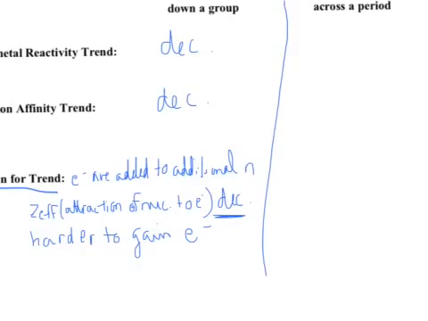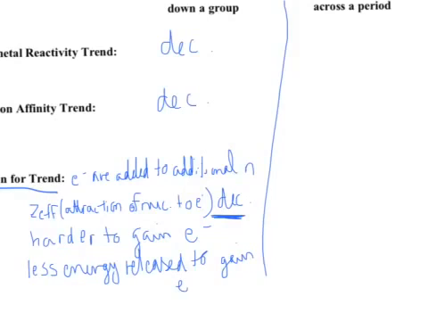Since there's not as much attraction between the protons and the electrons, the atom is less likely to give energy in order to gain the electron. So less energy released to gain the electron. It's kind of like you don't like chocolate as much, so you're less likely to pay money for it. And so again, the trend would be that it decreases.